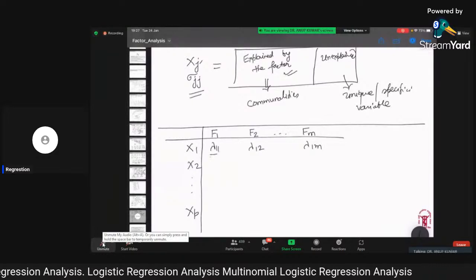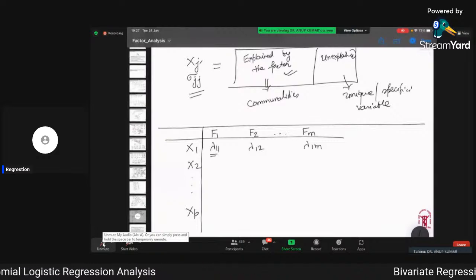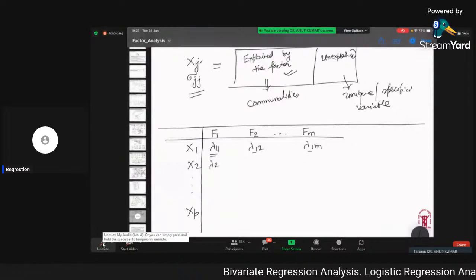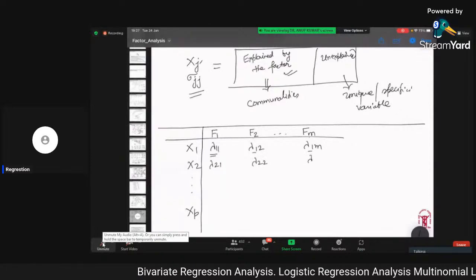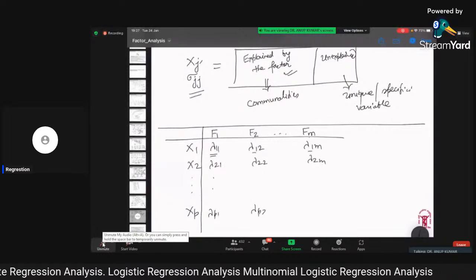This lambda 11, as I told you, is the contribution of factor 1 on x1, then the contribution of factor 2 on x1, and so on, and similarly lambda p1, lambda p2, and so on.